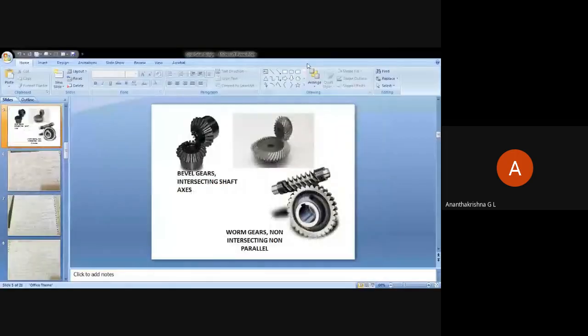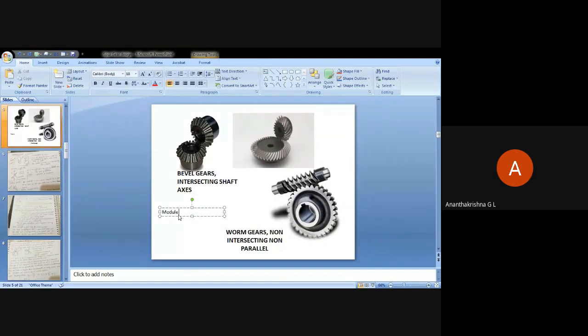So module is represented by M is equal to D divided by number of teeth. Can you see the screen? Yes, sir. So module essentially is given by d by z, where d is the pitch circle diameter divided by the number of teeth. Is that okay?